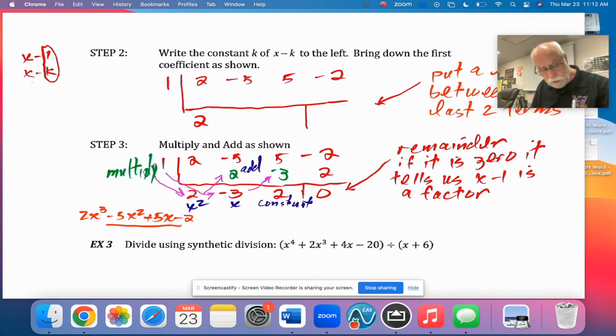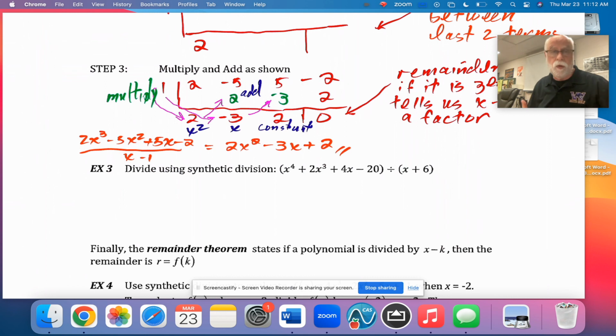And again, that was divided by x minus 1, is equal to 2x squared minus 3x plus 2. And again, there was no remainder, so I don't have to put anything over the divisor. And that's our answer on that one. So again, I showed you kind of how to do it. Now I'm going to give you another one.